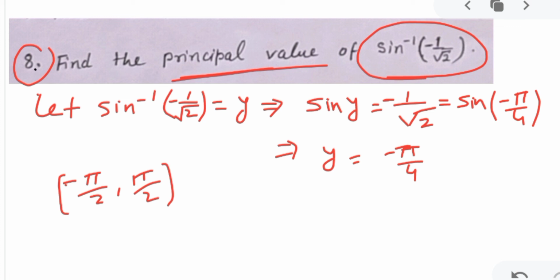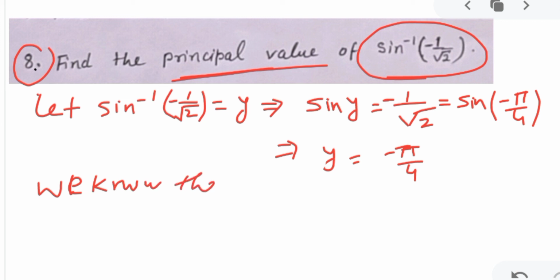You will write this line: we know that principal value of sin inverse lies between minus pi upon 2 to pi upon 2. Or if you want, you can write one more line, sin y is equal to sin minus pi upon 4.